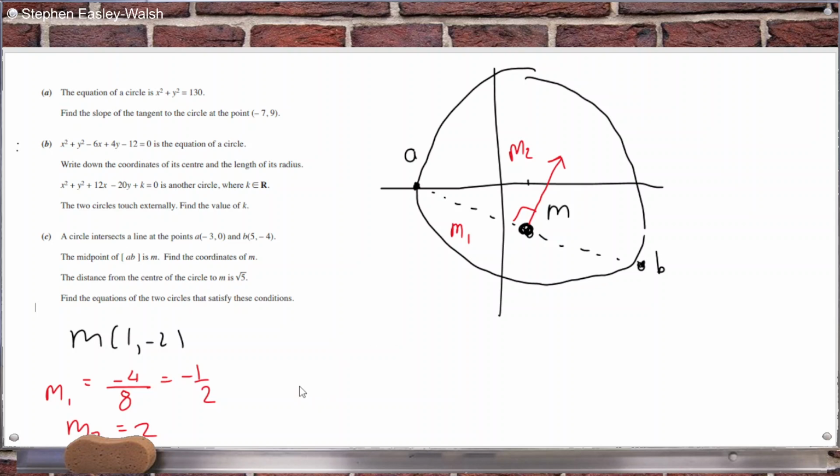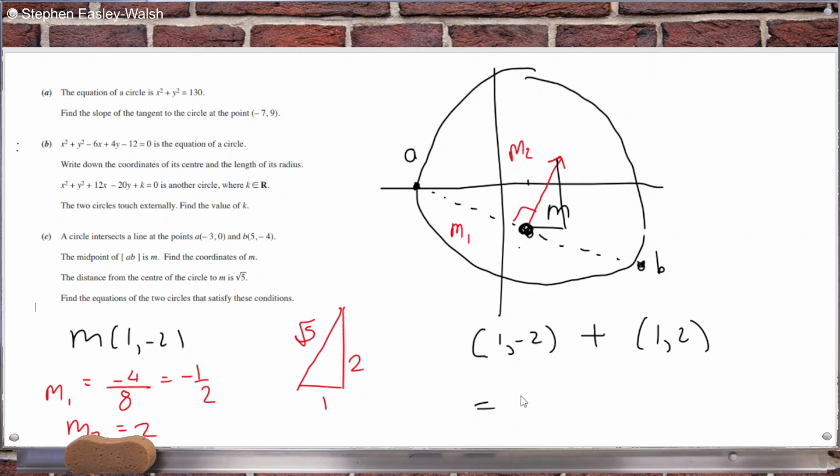So if I draw a triangle, a slope of 2 means I go out 1 and I go up 2, and nicely, that is root 5. So I just have to move out 1 unit and up 2 units. My midpoint, which was (1, minus 2), I just have to add (1, 2) and I get the center is (2, 0). So it's actually here, which looks about right.